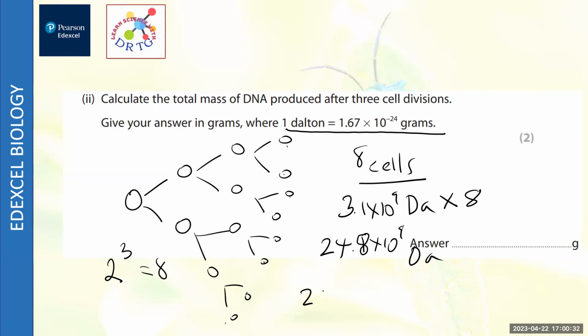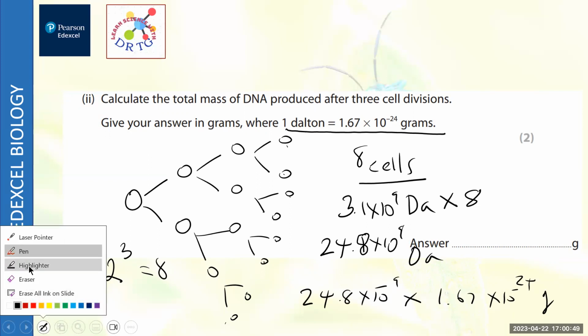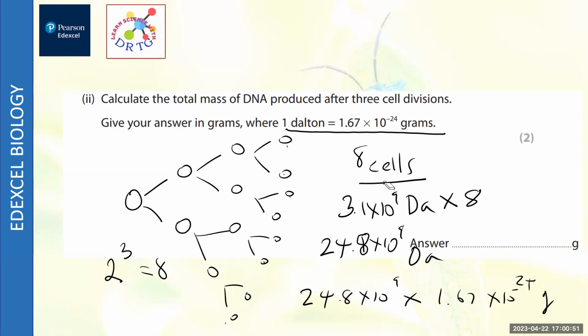So we have 24.8 times 10 to the power 9 Dalton. This should be multiplied by 1.67 times 10 to the power minus 24 gram. If 1 Dalton is this much, 100 Dalton is this, like that, right?